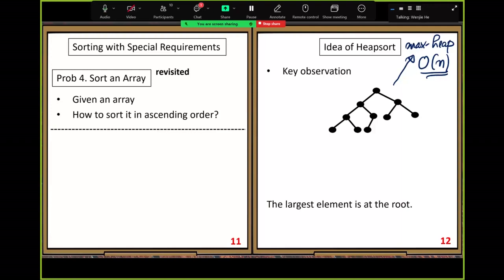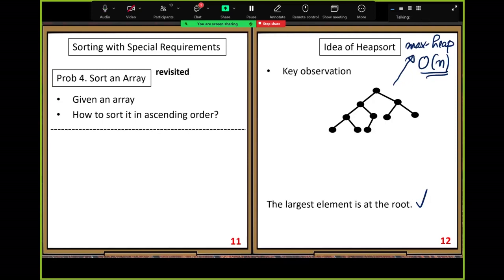So we run the heap sort on this max heap. Before we run it, we have this fact: the largest element is at the root. Otherwise, you have a violation. So the largest element must be at the root.